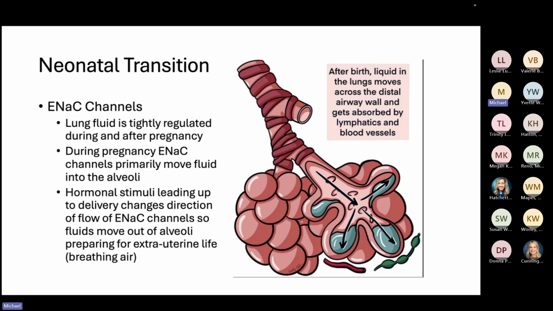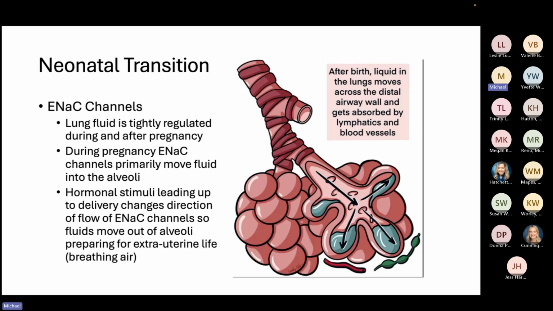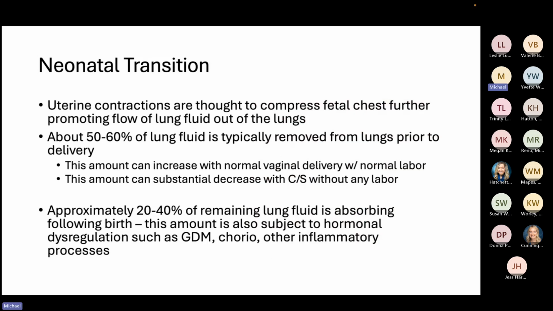This was the primary driver behind March of Dimes' push for no elective C-sections before 39 weeks several years ago. It was because of this process, because babies need time to move that fluid out of the alveoli in preparation for air breathing. So uterine contractions are thought to also compress the fetal chest further, promoting flow of lung fluid out of the lungs.